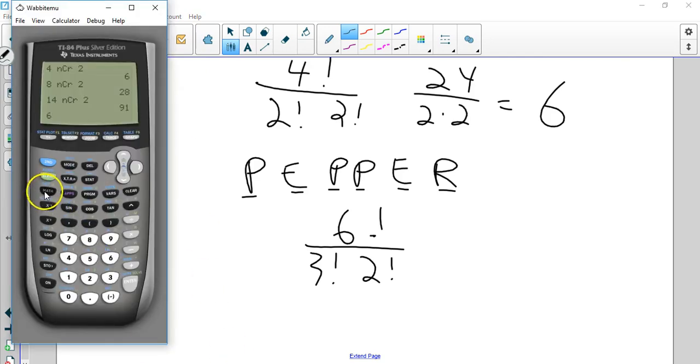We have 6, math, factorial, and we can get that answer if we want, or we can just divide by, and we have to put in parentheses, 3 math factorial times 2 math factorial. And we get 60 possible outcomes.